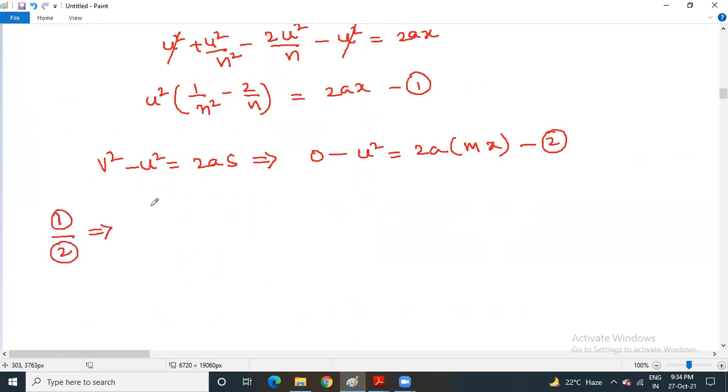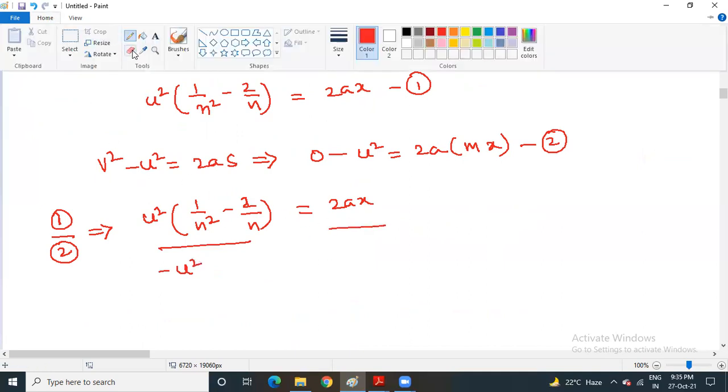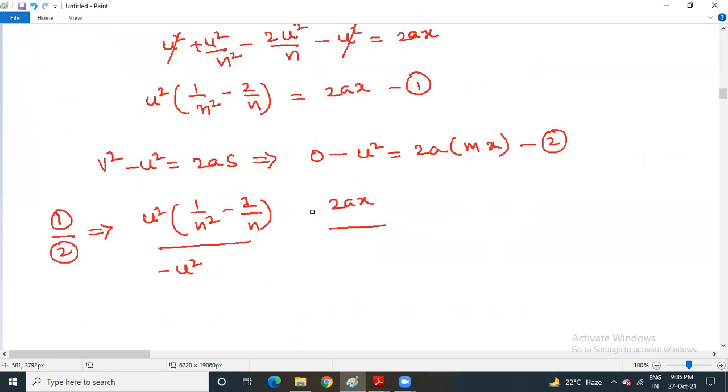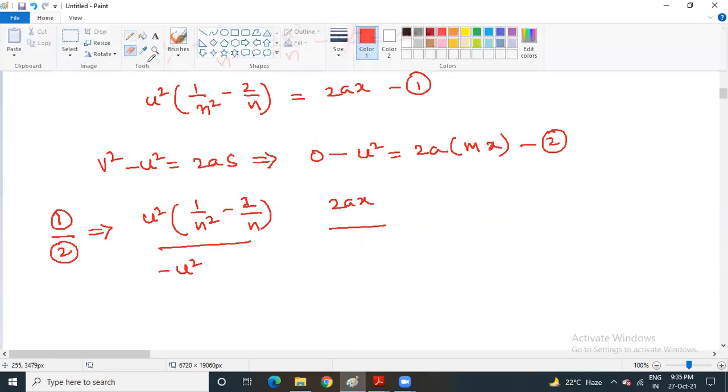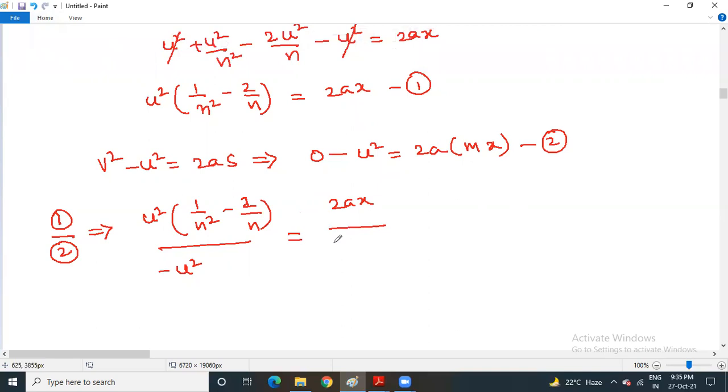So you'll get u square into 1 by n square minus 2 by n is equal to 2ax, divided by minus u square, equal to 2a m into x. So you can cancel x, a and 2a here, and you can also cancel u square.